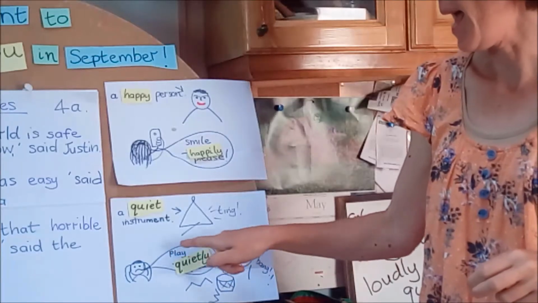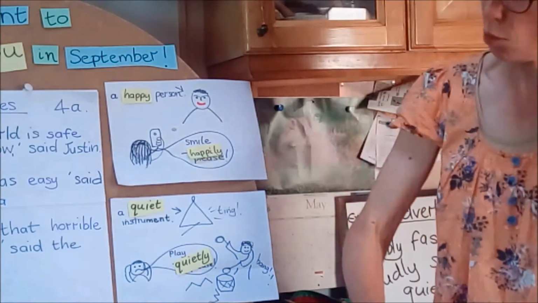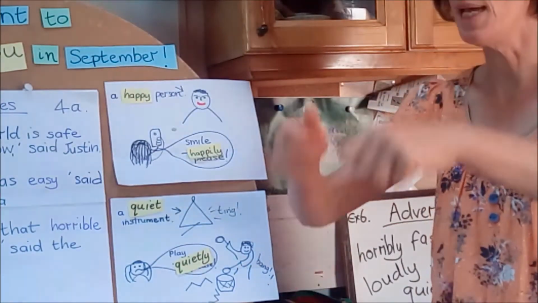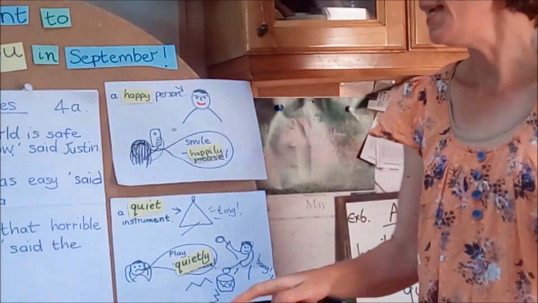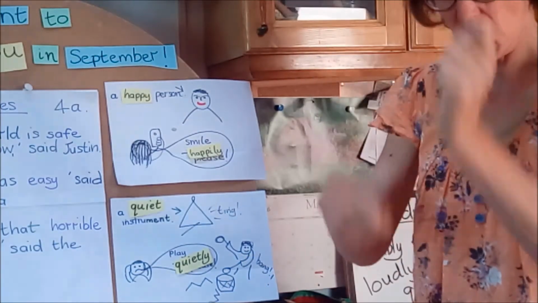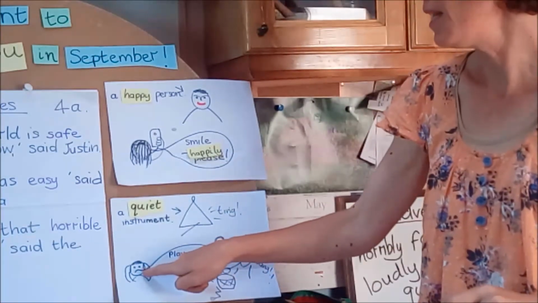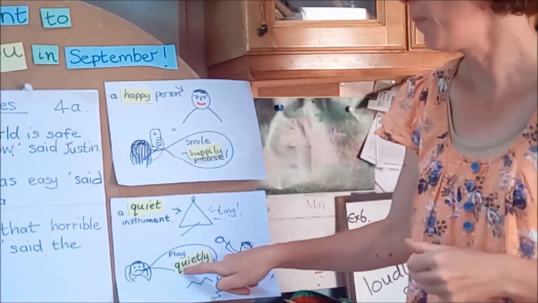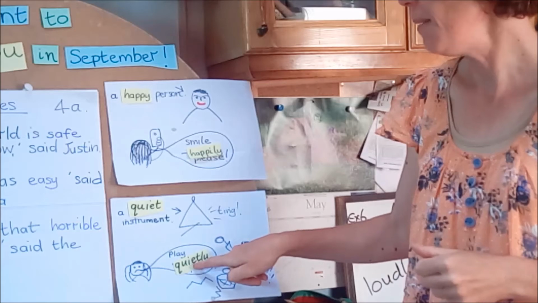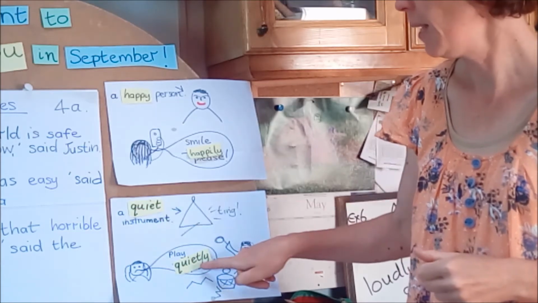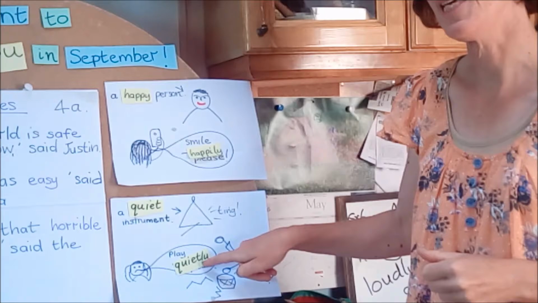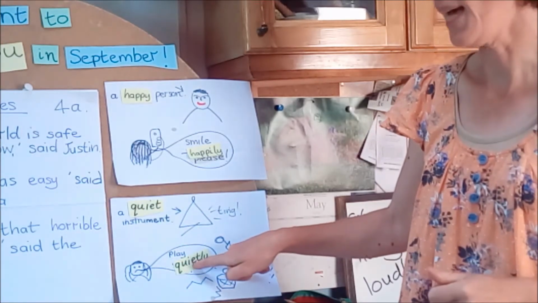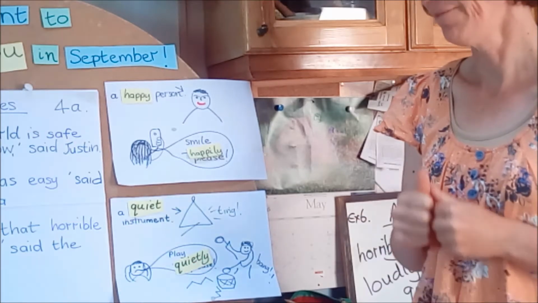He can play loudly. He can play slowly. He can play fast. Or the person says, please play quietly. Quietly is the same base with ly. This is the adverb. The verb is here, the action, and the adverb, okay?